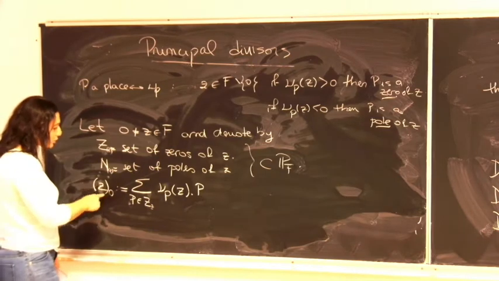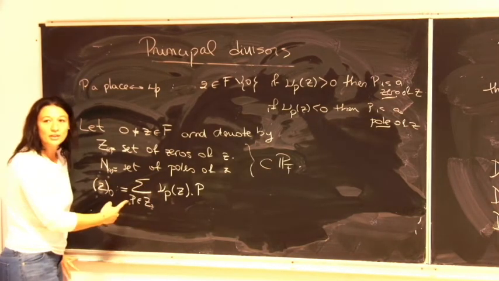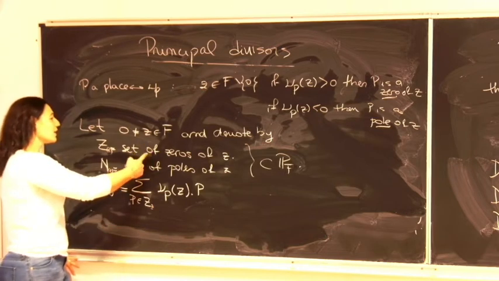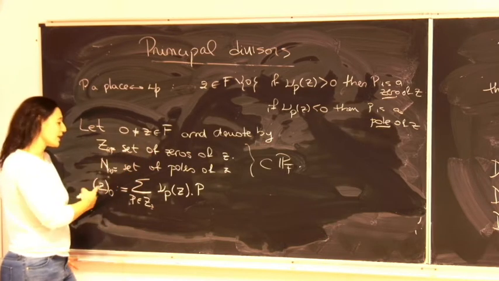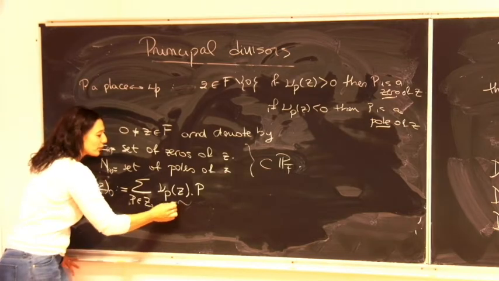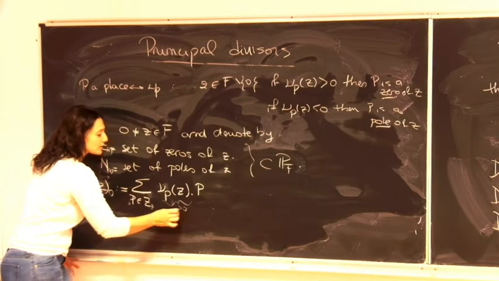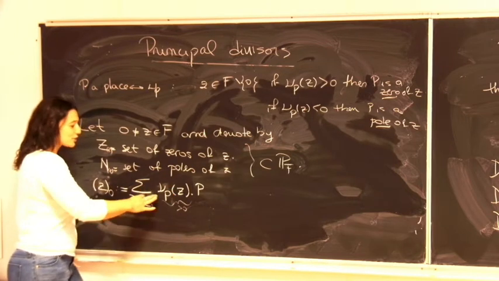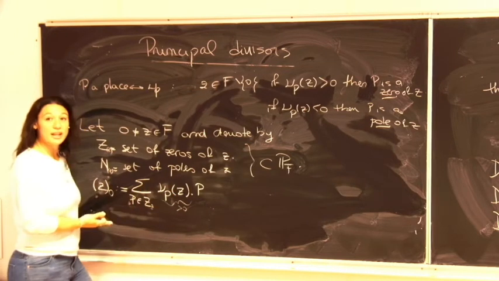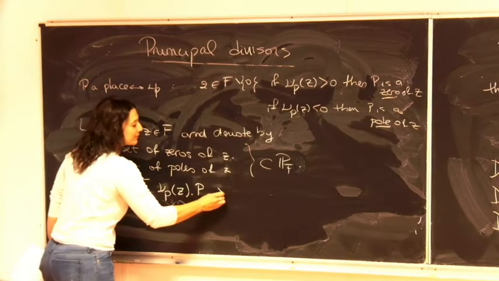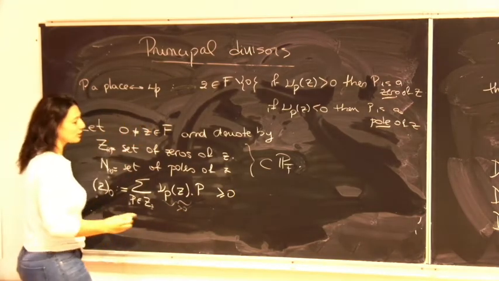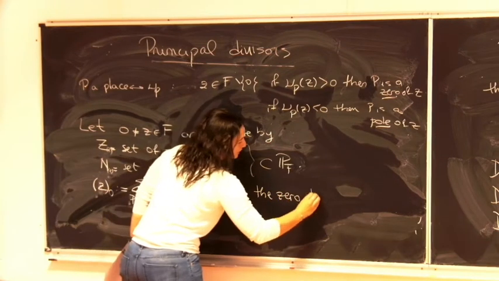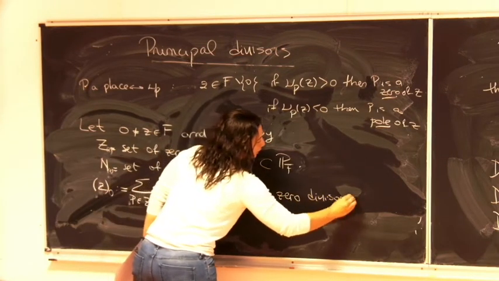So I'm going to build a divisor in which the support is just the places contained in the zero set. All of these valuations are going to be positive because I'm just picking the places that have positive valuations. This is going to be an effective divisor, and it's called the zero divisor of z.